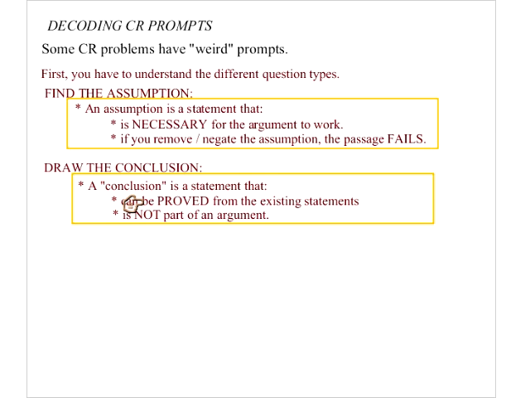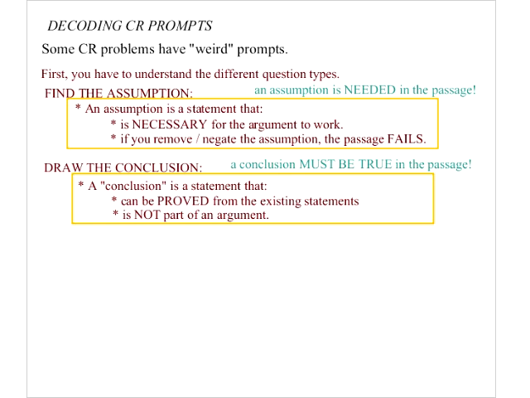These are things that you can derive from the passage. So an assumption is needed in the passage. It's not just some random statement. And a conclusion must be true in the passage.